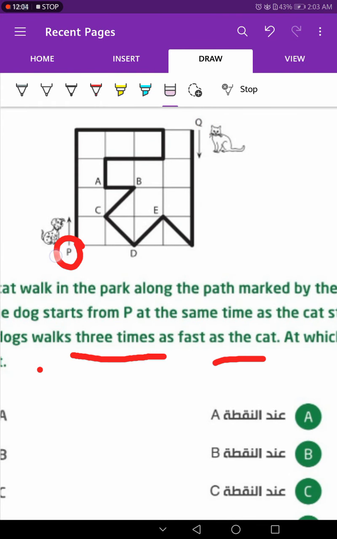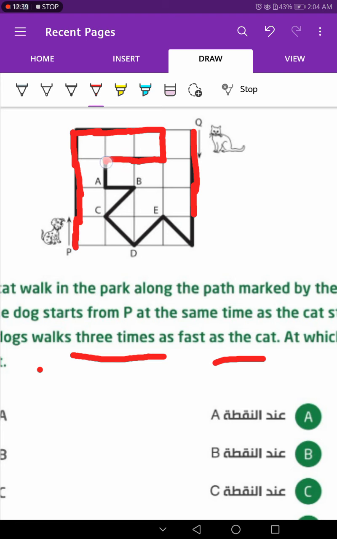Okay, this is easy. See, if the dog moves 3 steps, the cat will move 1 step in the same time. Each block is 1 step, 1 step, 2 steps, 3 steps. After 3 steps of the dog, the cat moves one step.